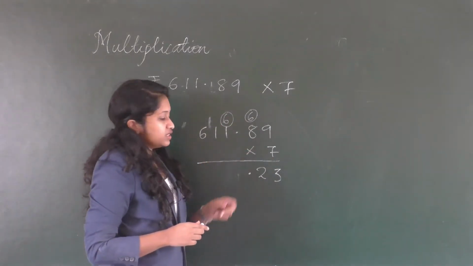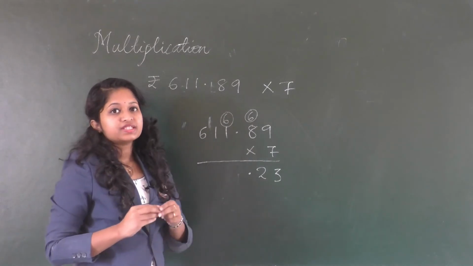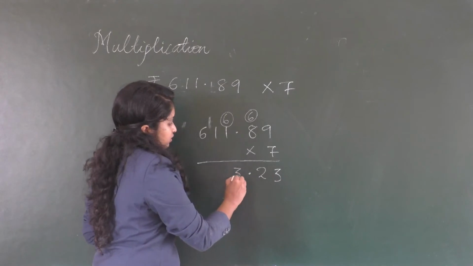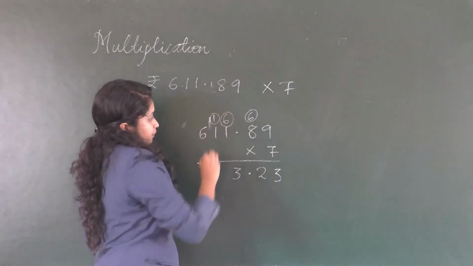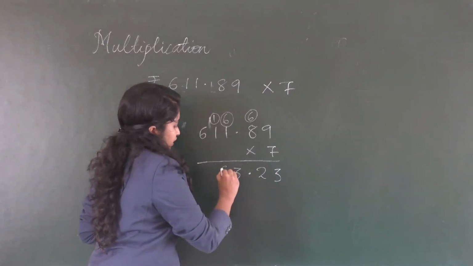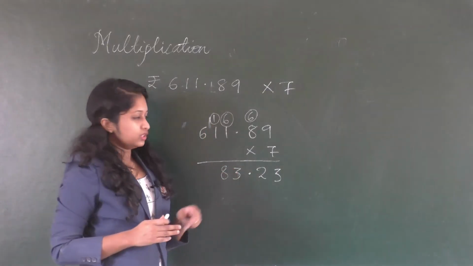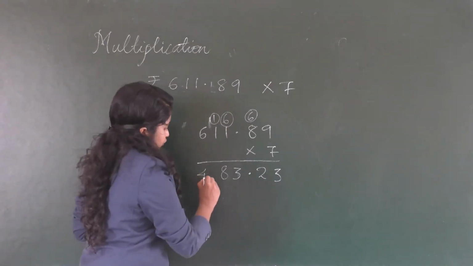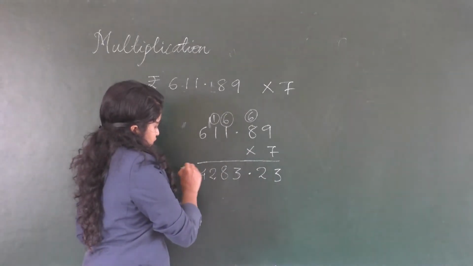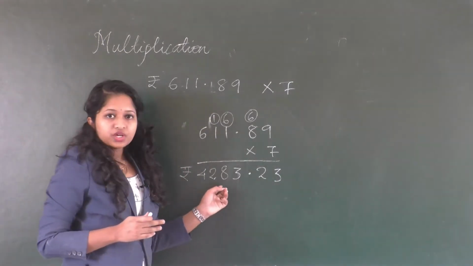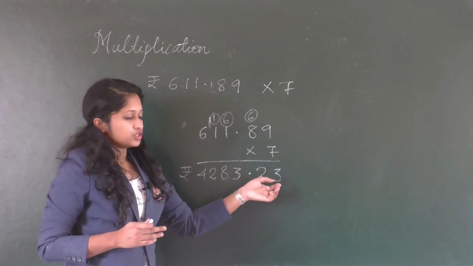Now 1 into 7 is 7. 7 plus 6 is 13. So write 3 here and 1 here. Now 1 into 7 is 7. 7 plus 1, 8. Now 6 into 7, it is 42. So the answer is 4,283 rupees 23 paise.